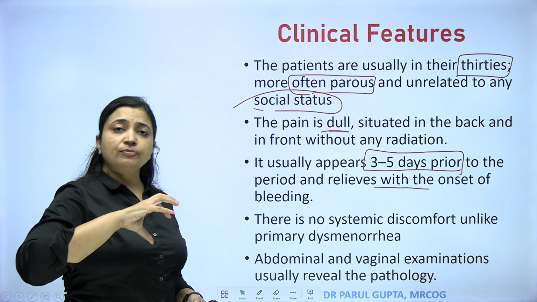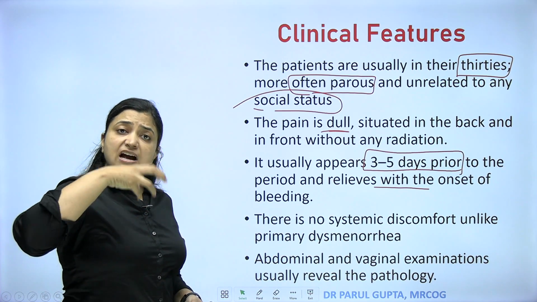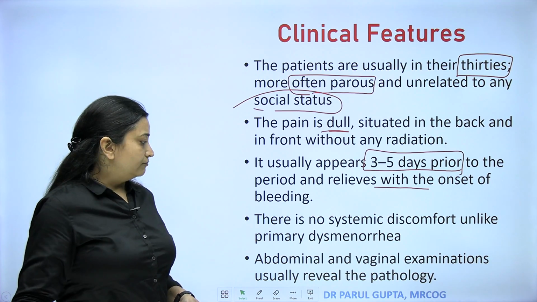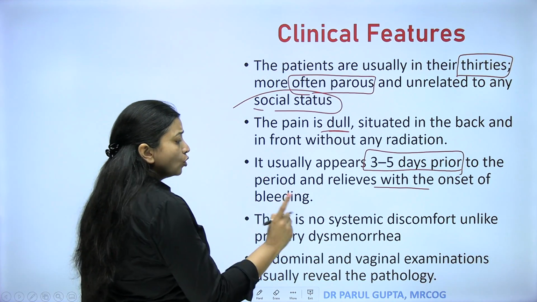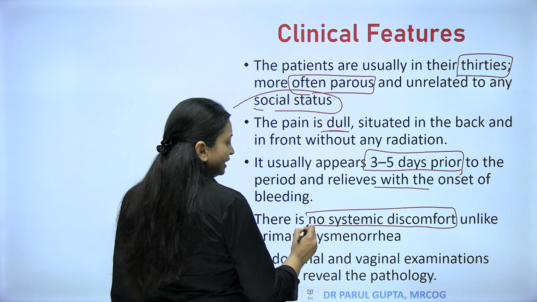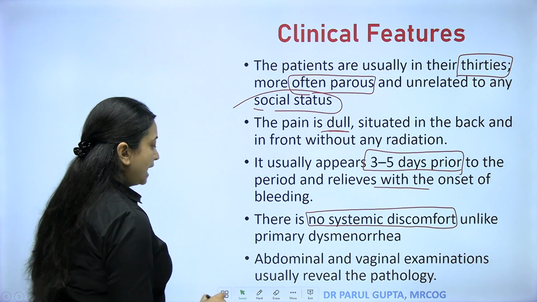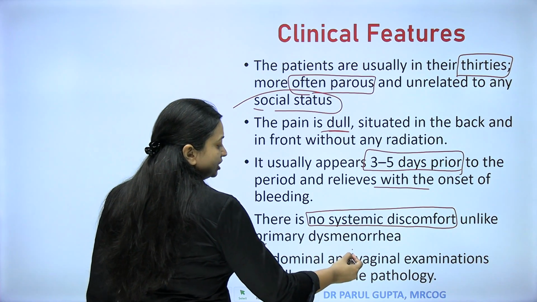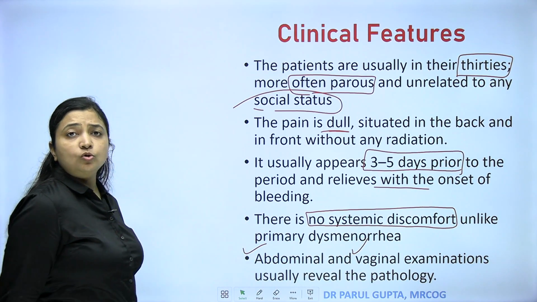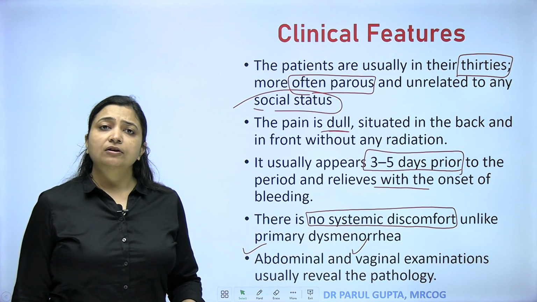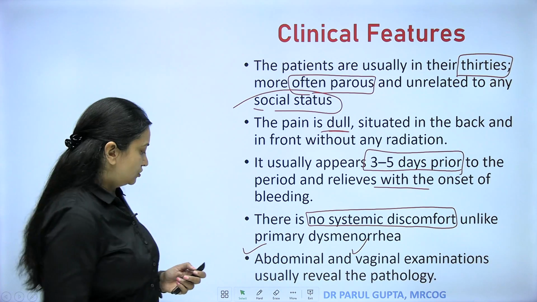But in cases of primary dysmenorrhea, the pain starts with the bleeding and lasts for a few hours and then is relieved. There is no systemic discomfort. It is not associated with any autonomic symptoms. And on examination, whenever you do any abdominal or vaginal examination, you will find any pelvic pathology, which we have already talked about in the individual lectures.